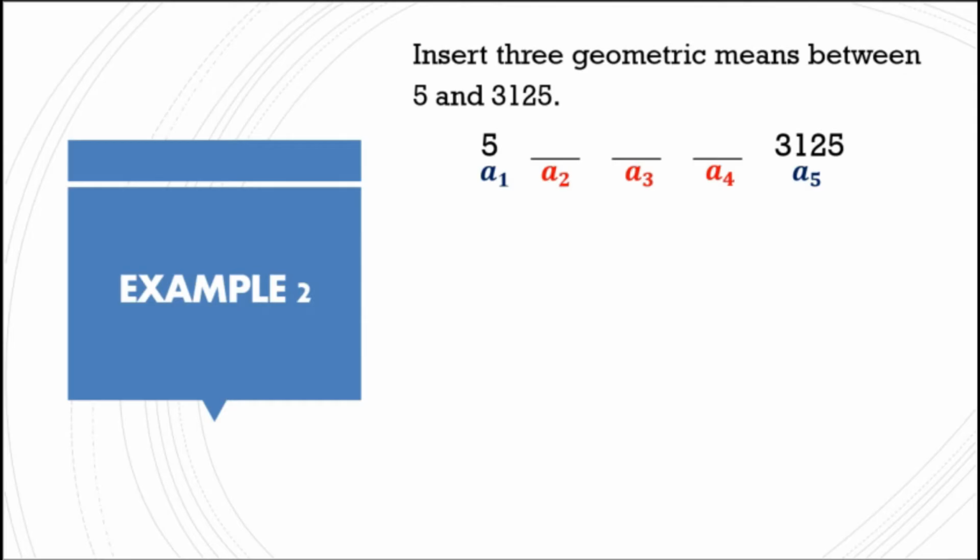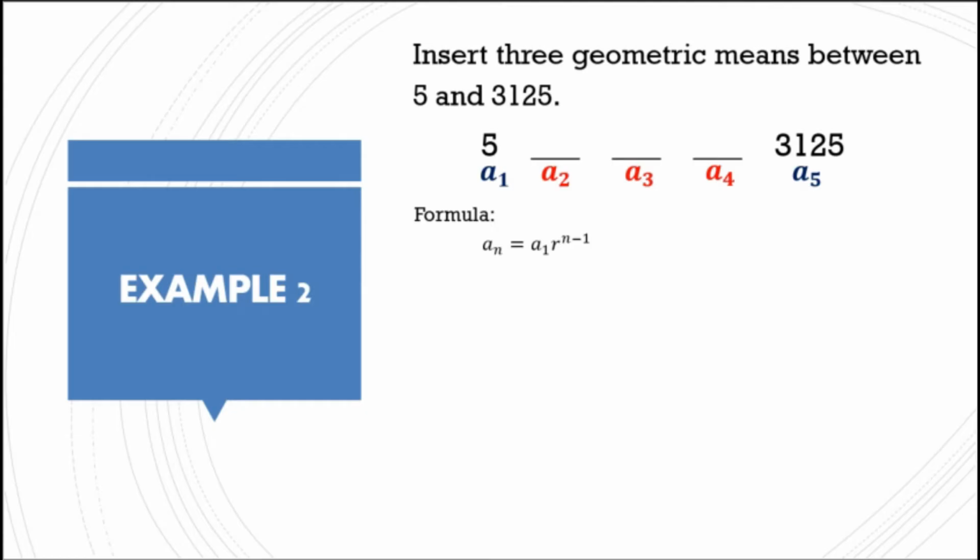Remember that in our previous lesson, we can solve for the value of r even if we only have 2 non-consecutive terms, by substituting them in the general formula of a geometric sequence, which is a sub n equals a sub 1 multiplied by r raised to n minus 1.